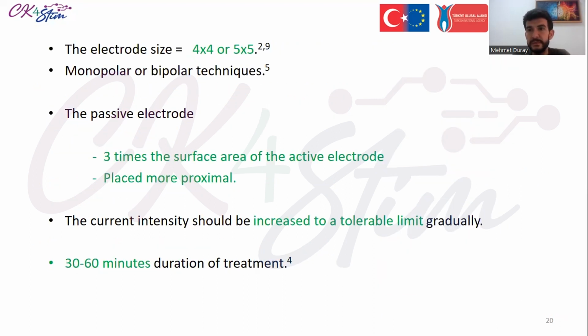The electrode sizes are routinely 4 by 4 or 5 by 5. You can use monopolar or bipolar technique. The passive electrode should be 3 times the surface area of the active electrode, and the passive electrode should be placed more proximally than the active electrode.